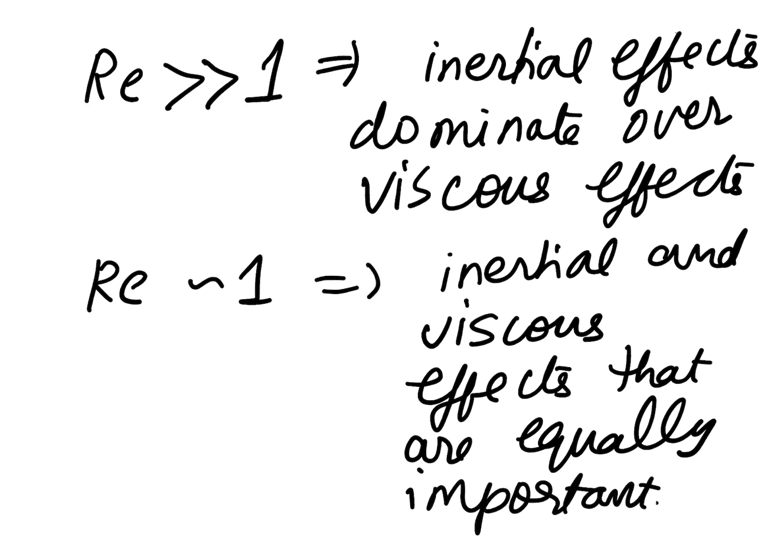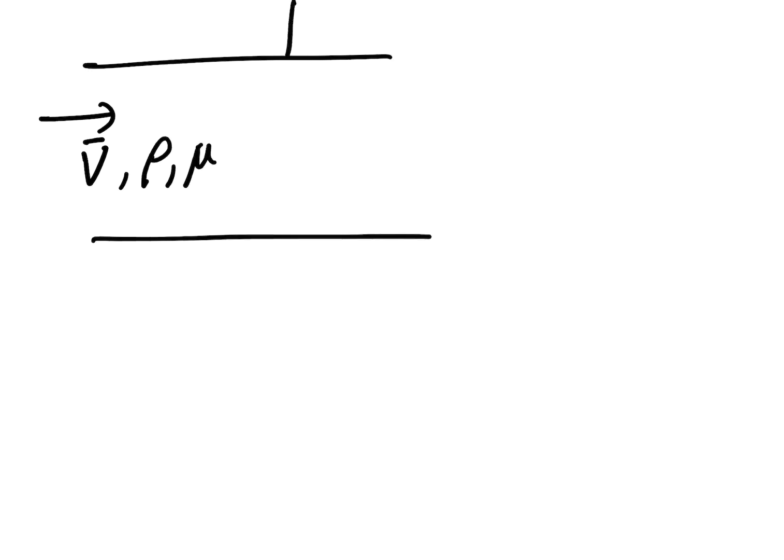So if you consider pipe flows which have velocity of some value, they have a density rho and viscosity mu and diameter d, you can always calculate Reynolds number.